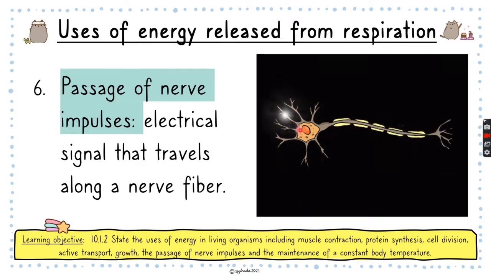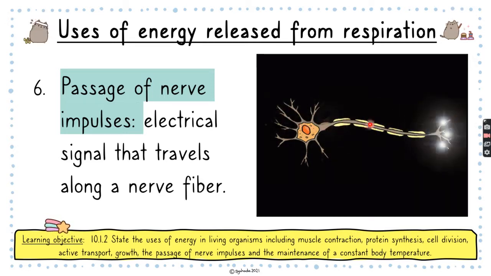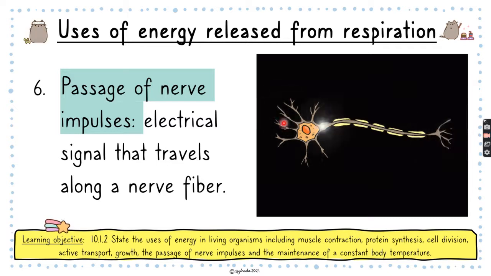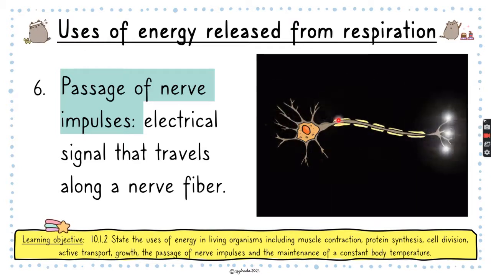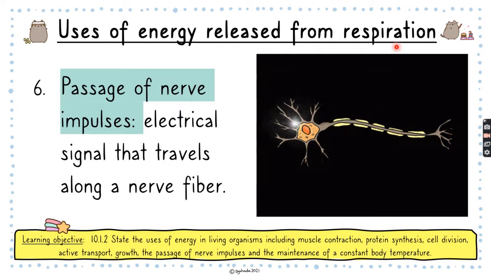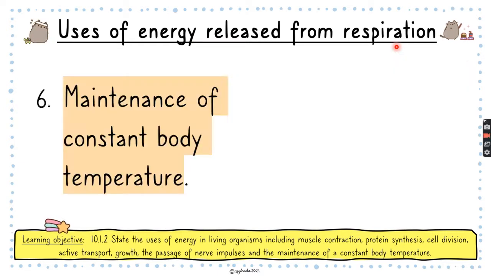To deliver messages, it comes in the form of a nerve impulse, so it's an electrical signal. And to have this signal being passed on, this really weird looking cell right here is your nerve cell. To pass on the message, you do need energy. And that's one of the uses of the energy that is released from respiration.